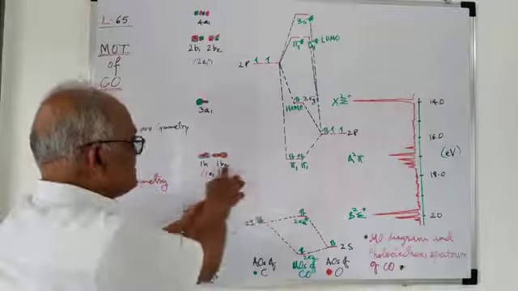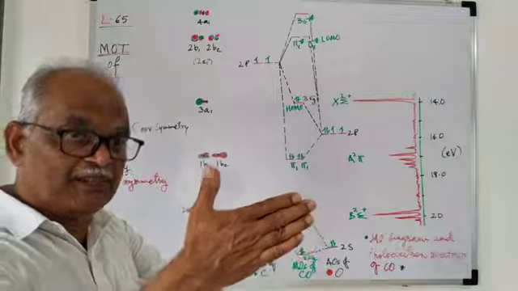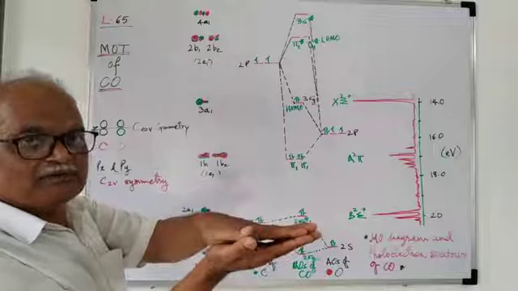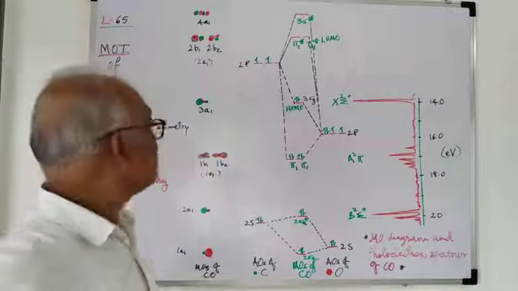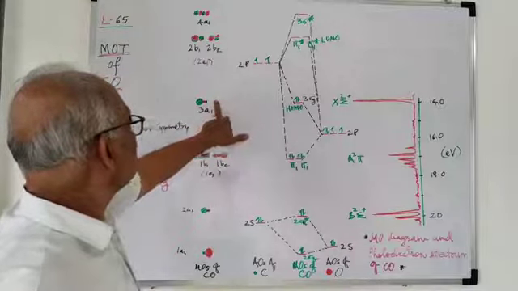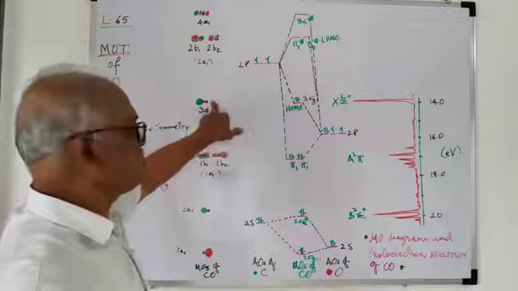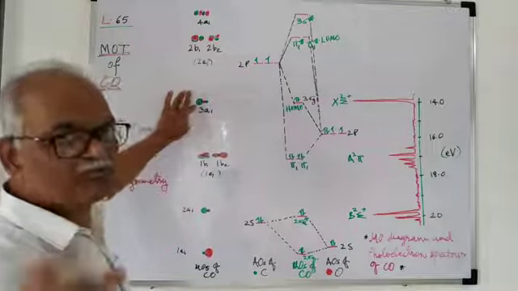So this 1b2 has a shape or orientation like this, and this one B1 has orientation like this. So you can identify their shapes like this. So here you will find that this 3 sigma G has contribution like this. This side represents contribution by carbon.